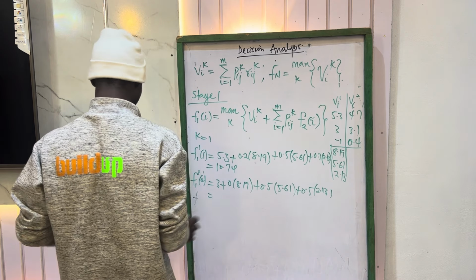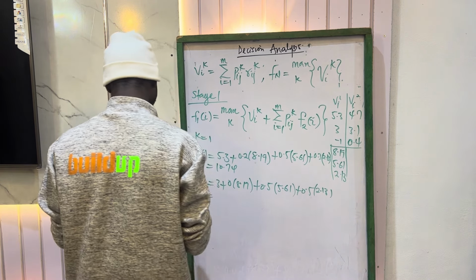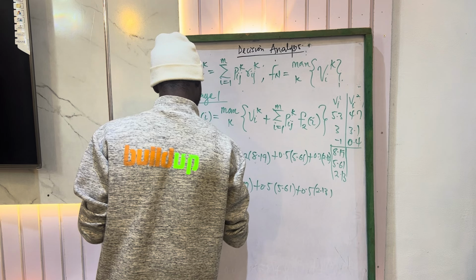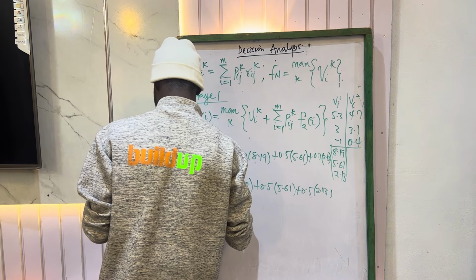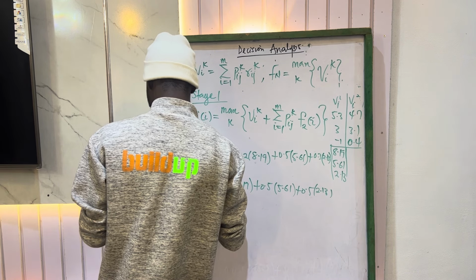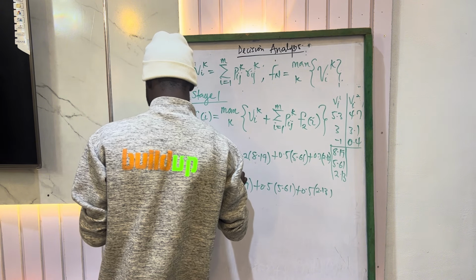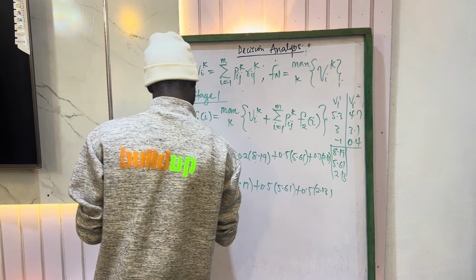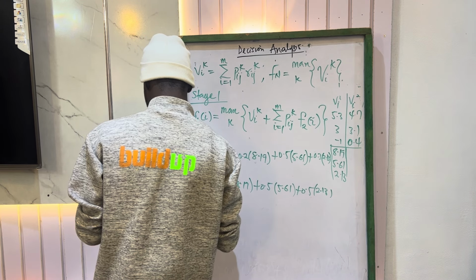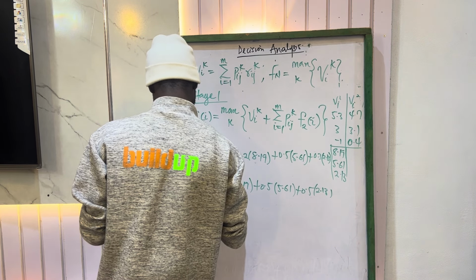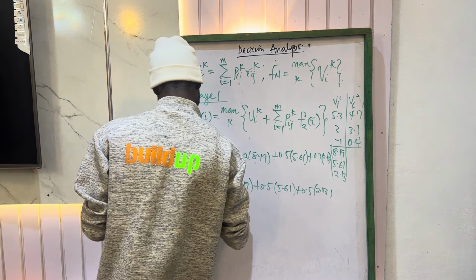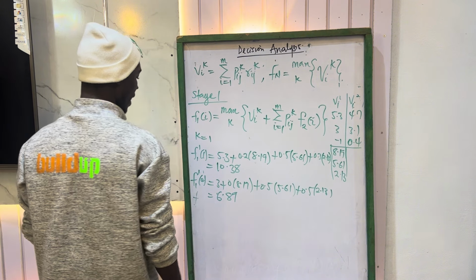So what we get at the end of the day is 7.92. Sorry, this should be 10.38, and this should be 6.89. Please correct it from your notes. When you multiply and sum it together, you get 10.38 and 6.89.